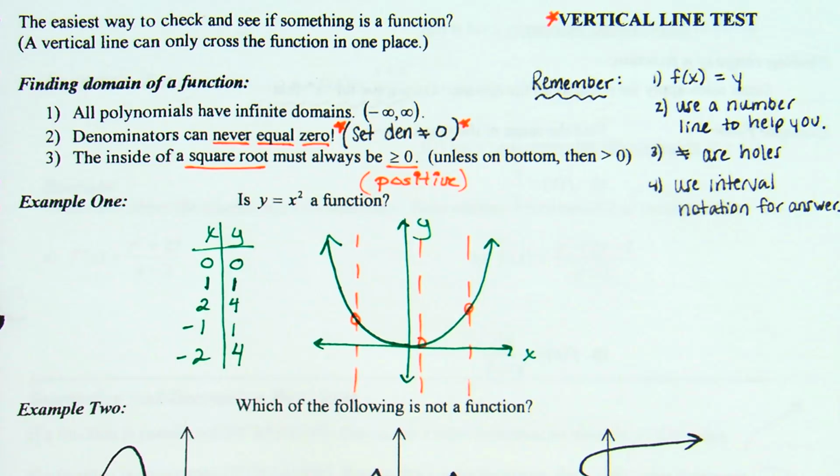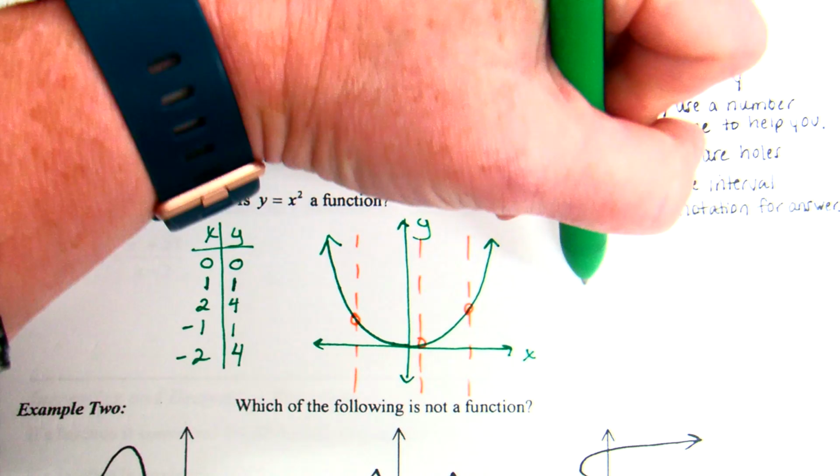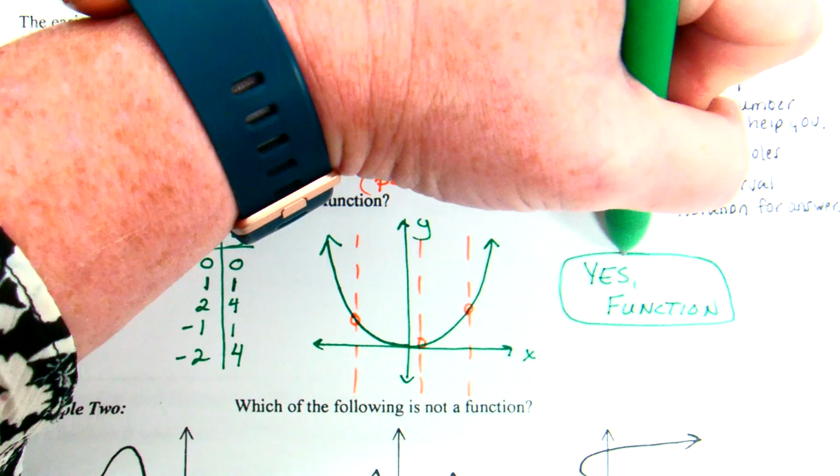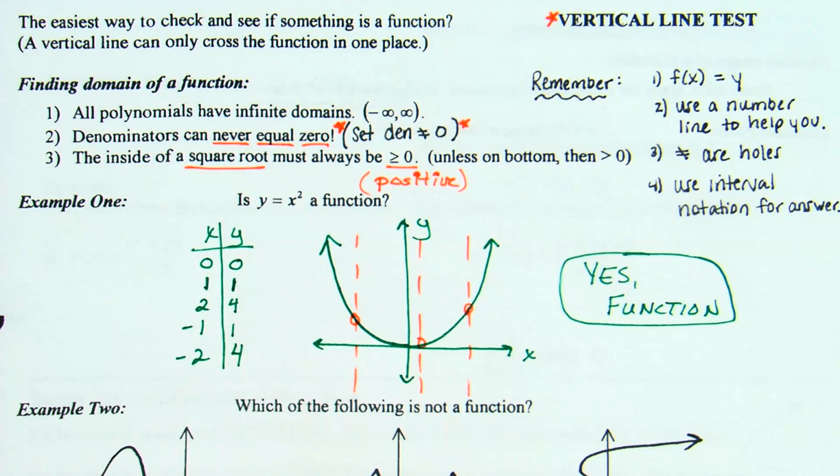Okay, so vertical line test, think about plugging those values in for x, and can I get more than one value out for y? So, all of this to say, yes, it is a function. Okay. Are we all confident it's a function for one reason or another? You can come to that conclusion on your own.